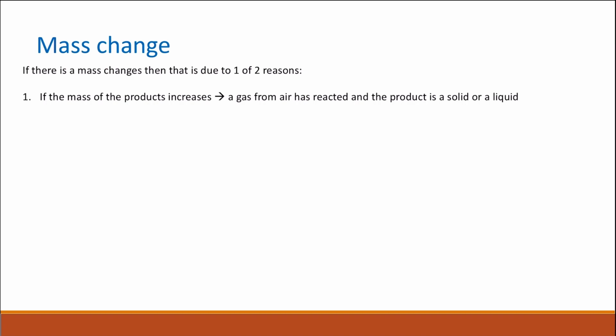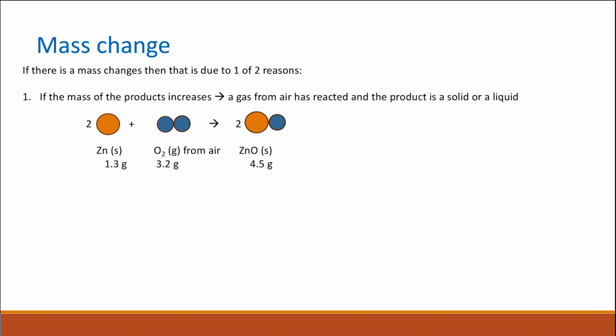For example, if you react a metal like zinc in air and you heat it, when you do your calculation, you only account for the solids or the liquids, but you don't account for the gas. Oxygen comes from air, so we don't count it when we do our calculation. So when we start with 1.3 gram of zinc, we end up with 4.5 gram of zinc oxide.